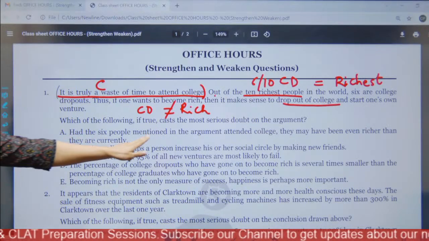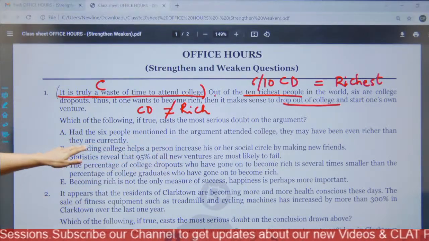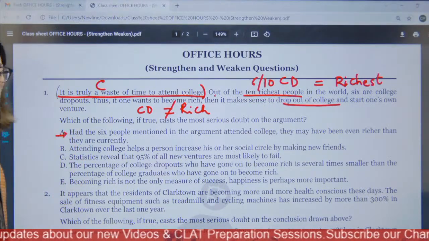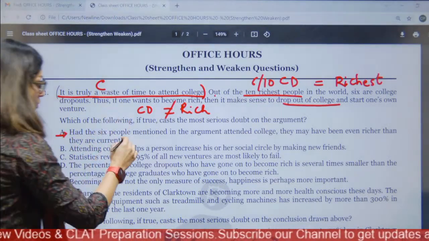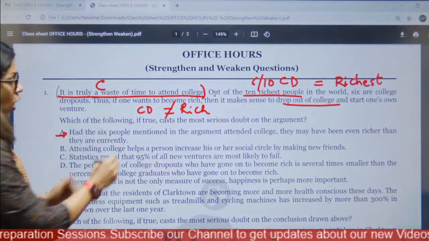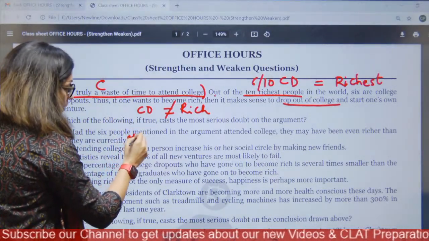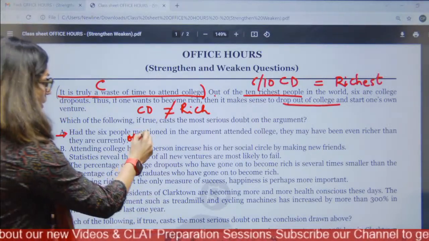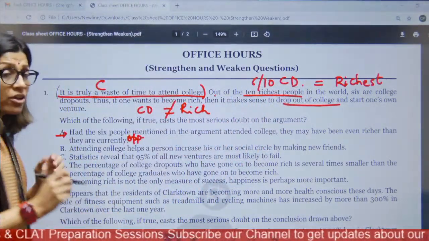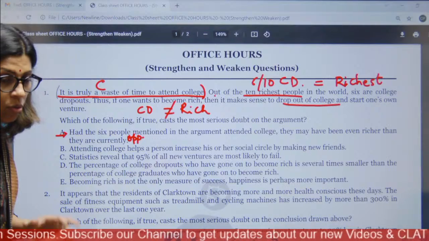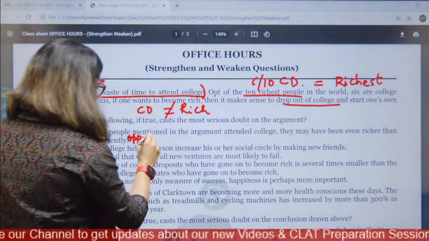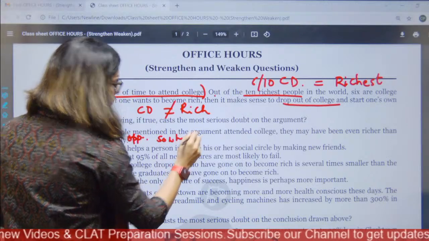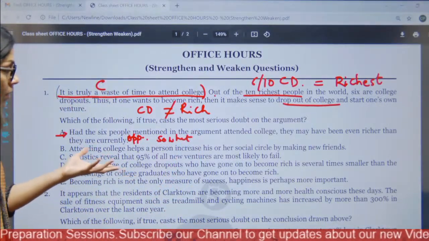Had the 6 people remained in college, they would have been even richer. Option A says that. Okay. So option A is going opposite to the given relationship. It is slightly damaging, but not enough. Why not enough? Because we say, so what?